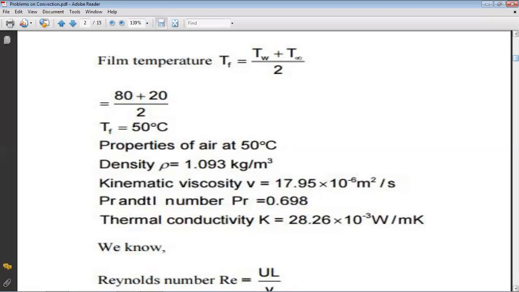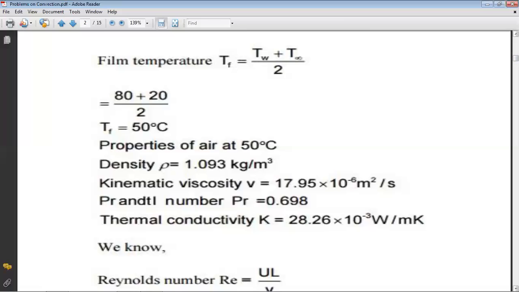Now, using your data handbook, one can get the property values. Referring to the 8th edition of Heat and Mass Transfer Data Handbook, on page number 34, you have property values of gases at 1 atmospheric pressure.